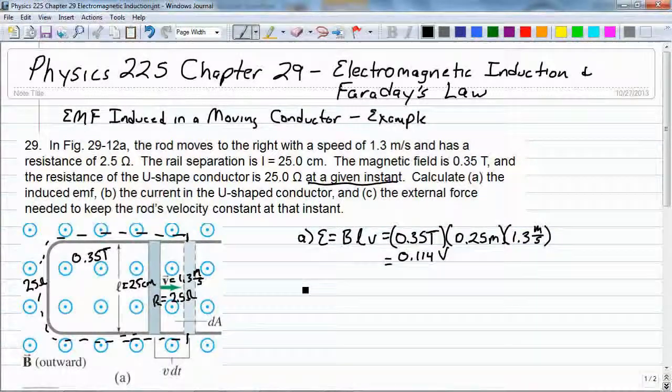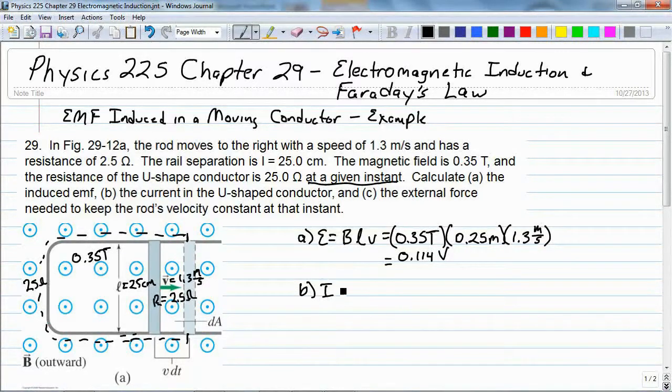So that's part A. Part B asks for the current in the U-shaped conductor. Well, this is just a series circuit. The 25 ohm resistance of this U-shaped bar and the resistance of this rod are in series.